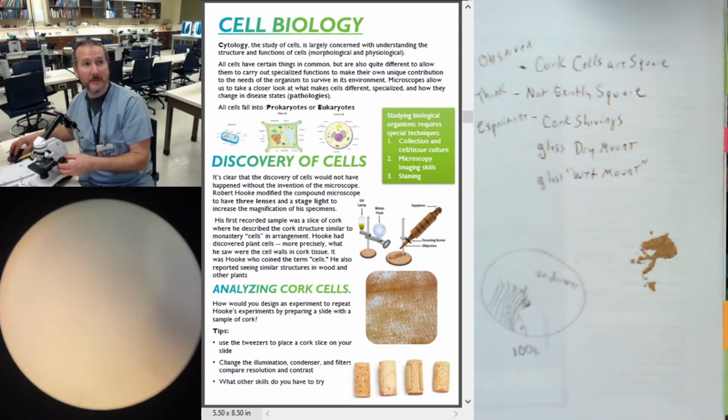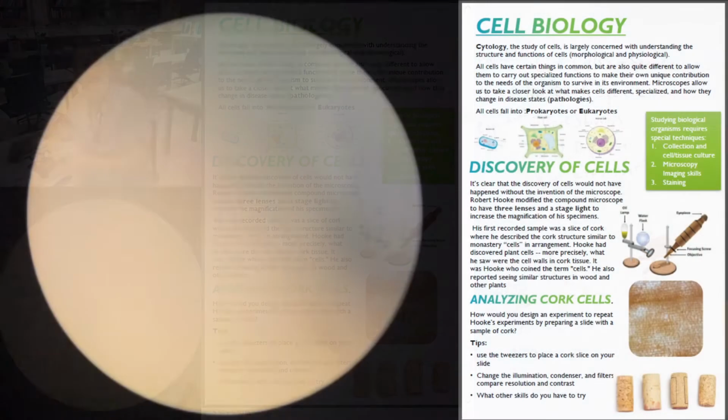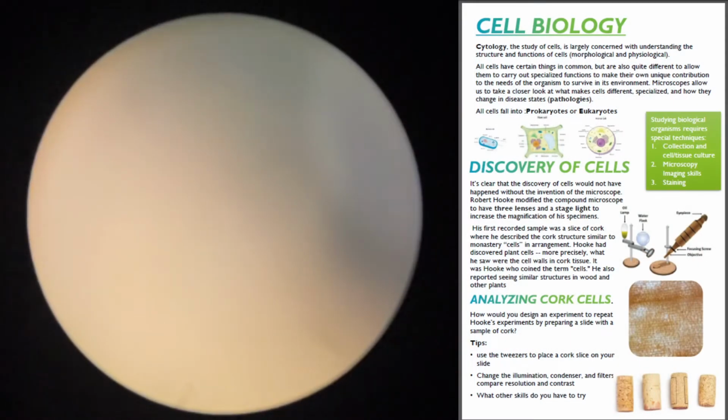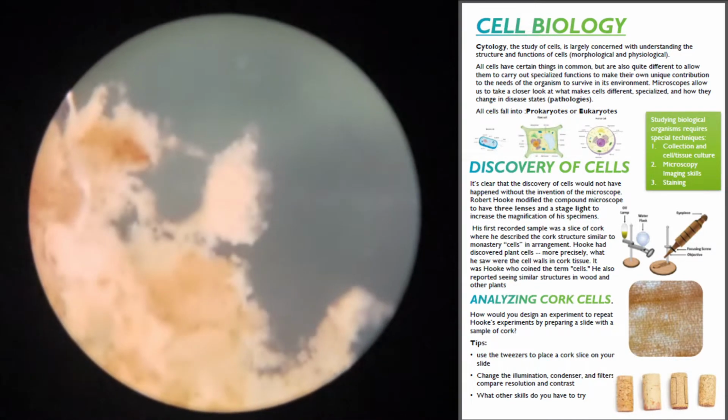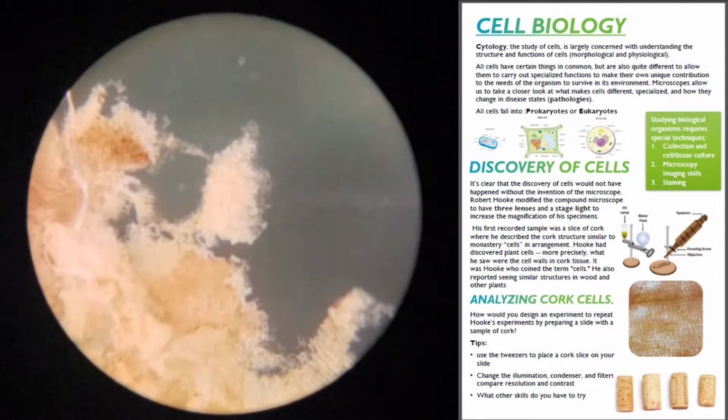I want to see a bigger picture. Start bringing it back. Raising that stage, getting it close to the scanning. Remember the red lined objective. Scanning. Getting closer, getting closer. And hello. There you are. Alrighty.